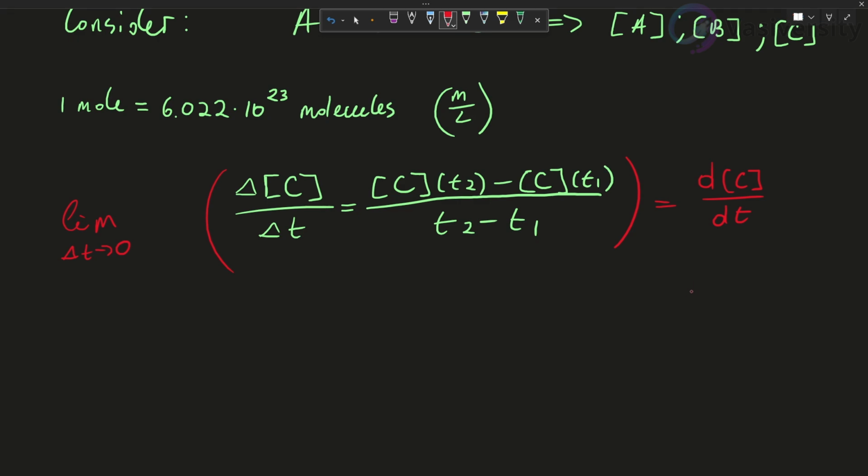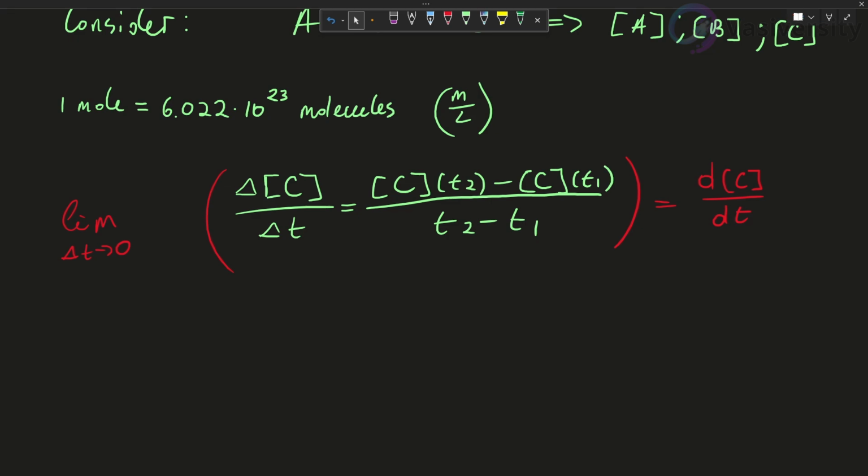Since the concentration of the product increases as the reaction proceeds, the derivative will be positive. So the rate of the reaction is positive. However, the concentration of the reactants will be decreasing, because we're spending the material that we started with while we form the product.